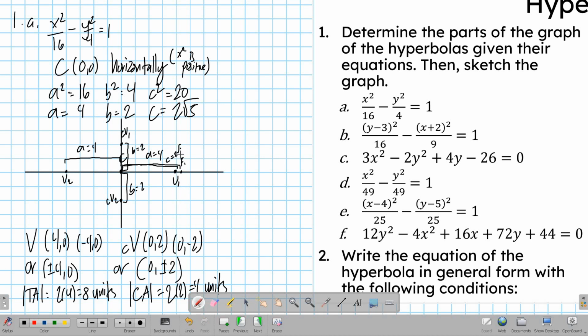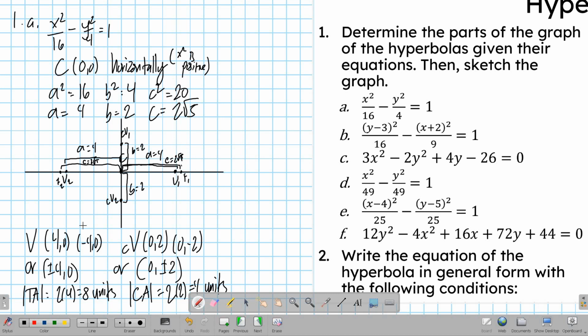C is equal to 2 square root of 5. Let's fix this. I'll just write first, c is equal to 2 square root of 5. There you go. And this is f sub 1. If we do the same here, this is your c, equal to 2 square root of 5, and that is your f sub 2.